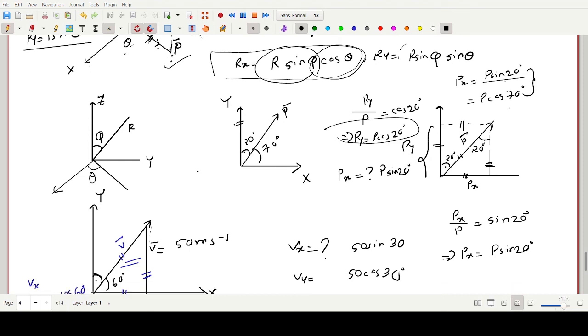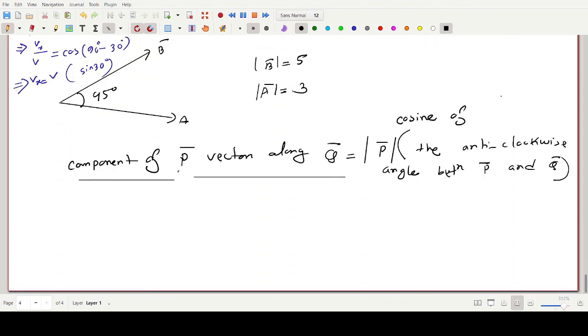And I hope everyone knows how we can write p sine 20 degree equals p cos 70 degree. If anybody has a question about this, you can ask.